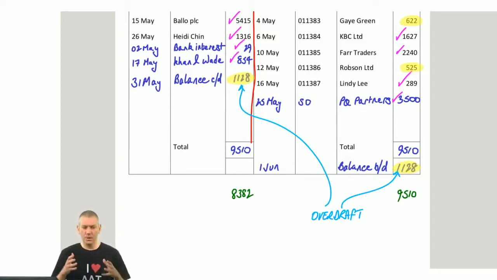So when the bank says credit 500, what it is saying is, I owe you 500. The bank is saying, I have a creditor of 500. And therefore, if they owe us, we have a debtor. So their credit balance is our debit balance. Said the other way around, our credit balance is their debit balance.